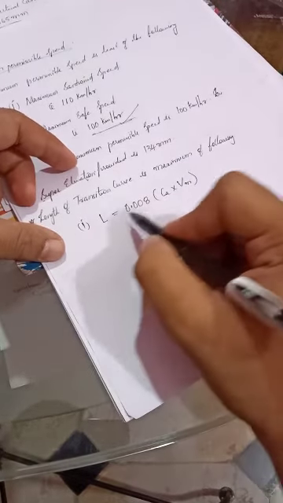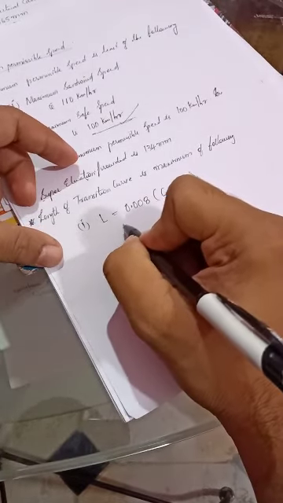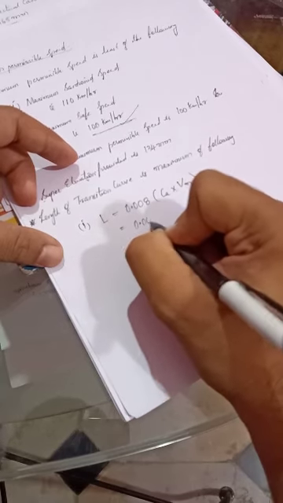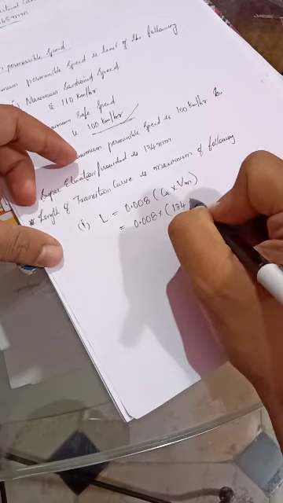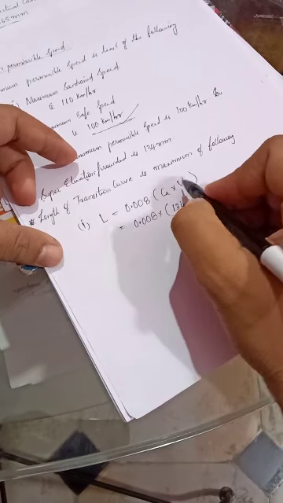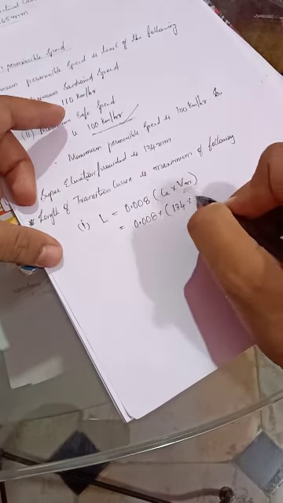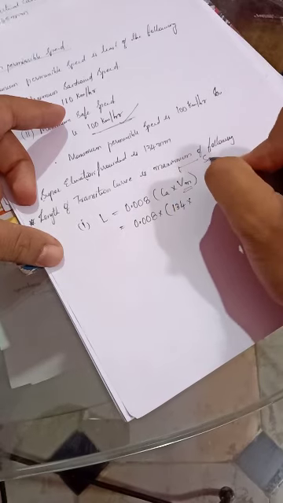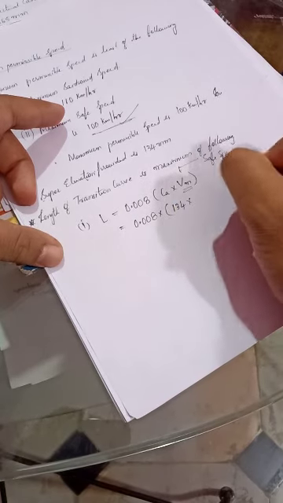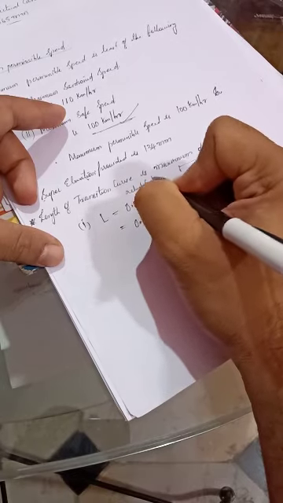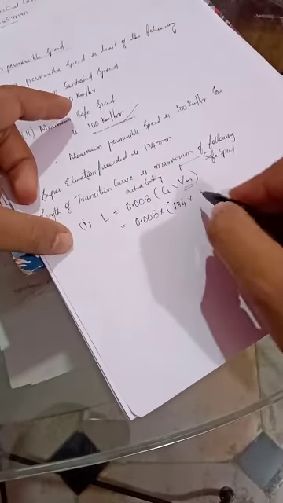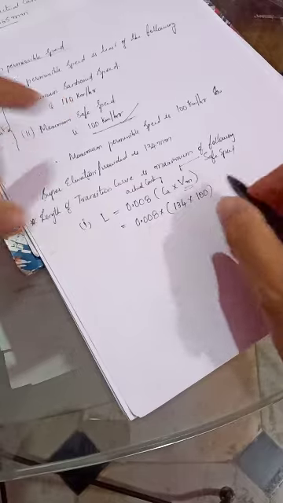Let us calculate: 0.008 into what is our CA, 134, into VM, safe speed, 100.